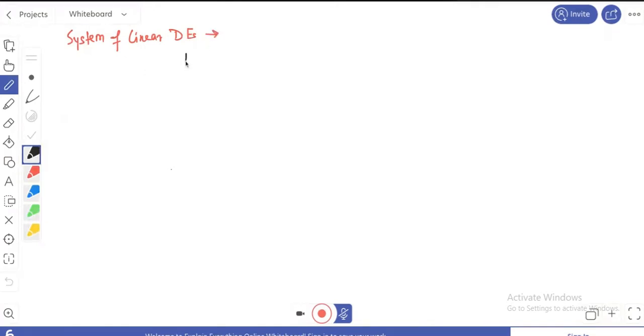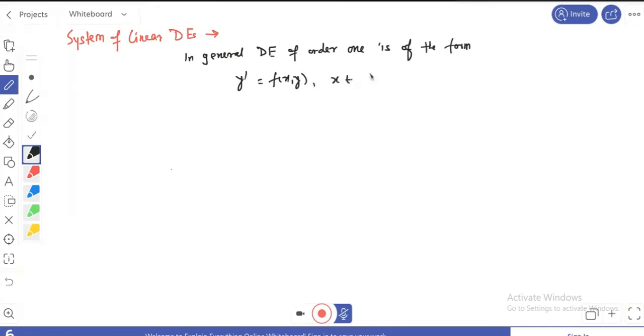In general, the differential equation of order 1 is of the form y prime equals a function of x and y, when x belongs to an interval I, where I is an interval and y is a function from I to the real numbers R.